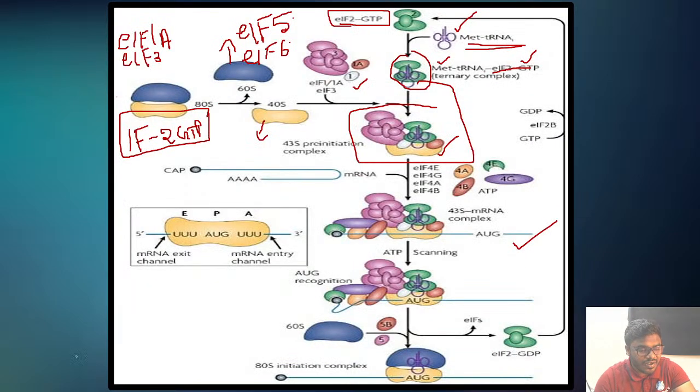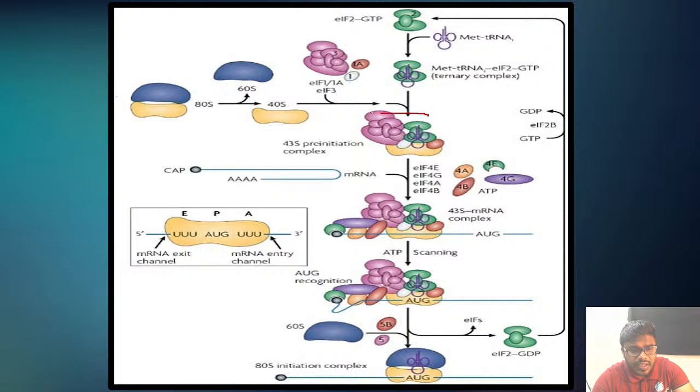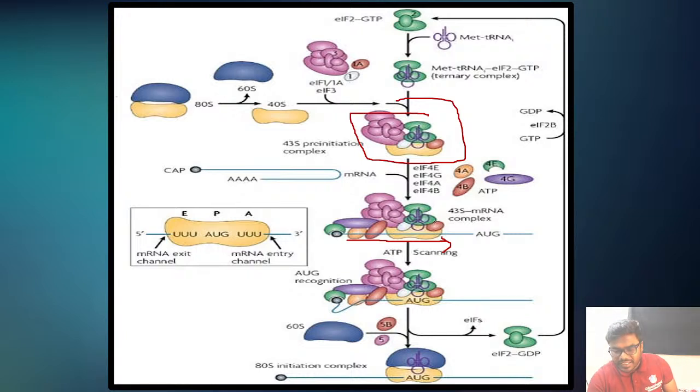Okay, now look into the picture. Every one of you try to look into this. It's easy. Now friends, everyone look into this. This is what? The small ribosome and tRNA complex. Now this particular small ribosome and tRNA, you can look into the picture very carefully. They start scanning the mRNA. Now you can ask me, sir, I understand it is scanning the mRNA, but how does it enter into the mRNA? Of course, friends, with the help of this particular EIF4F complex we have seen.